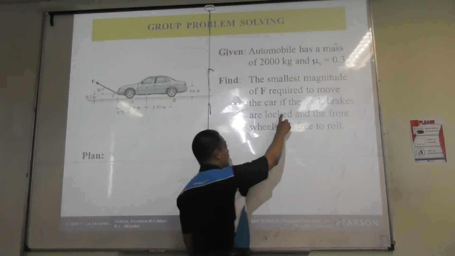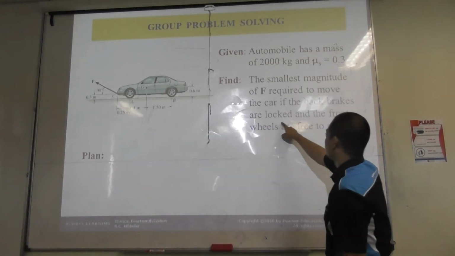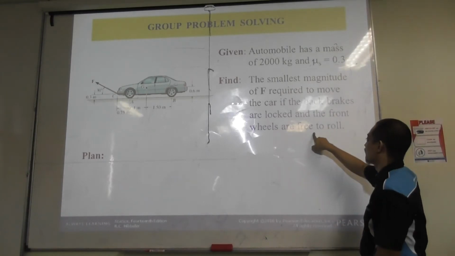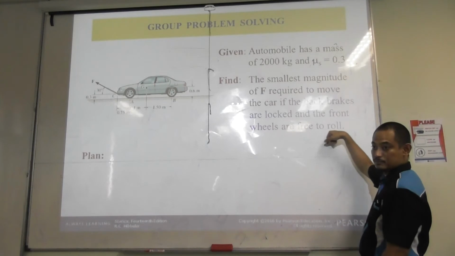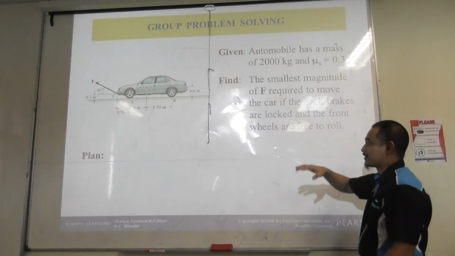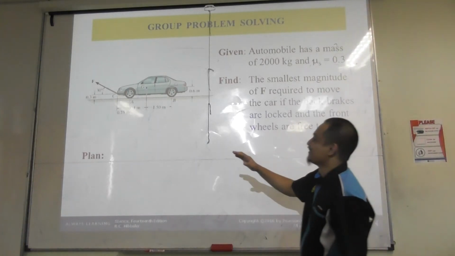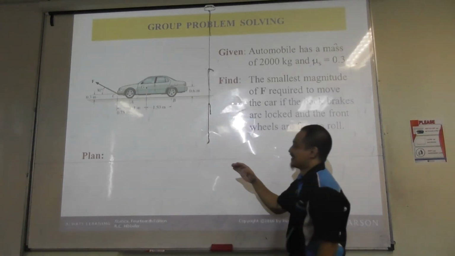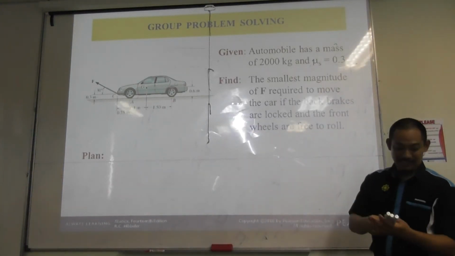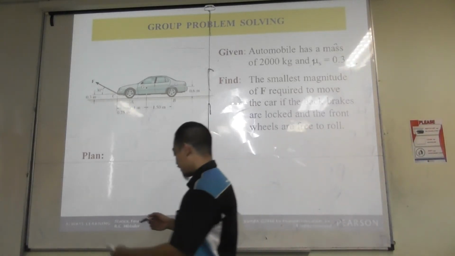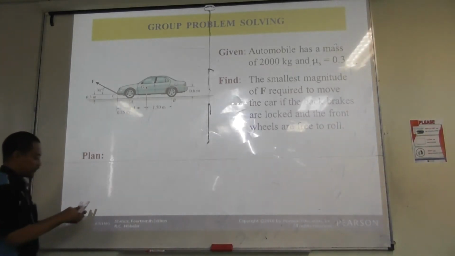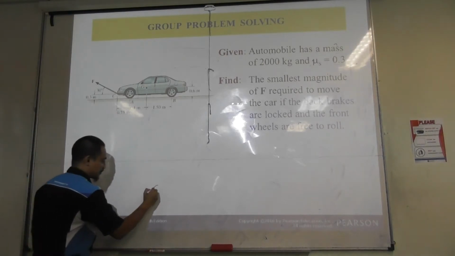What about this one? Back brakes locked and front wheels free to roll. What's the implication? Okay, tu titik kan. Okay, so if you draw the free body diagram, let's draw the free body diagram first.